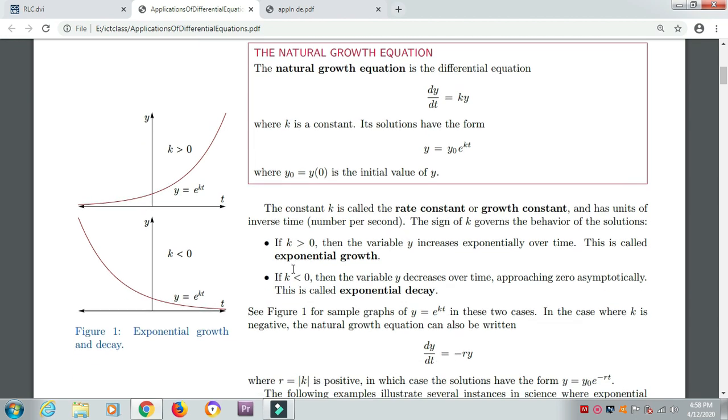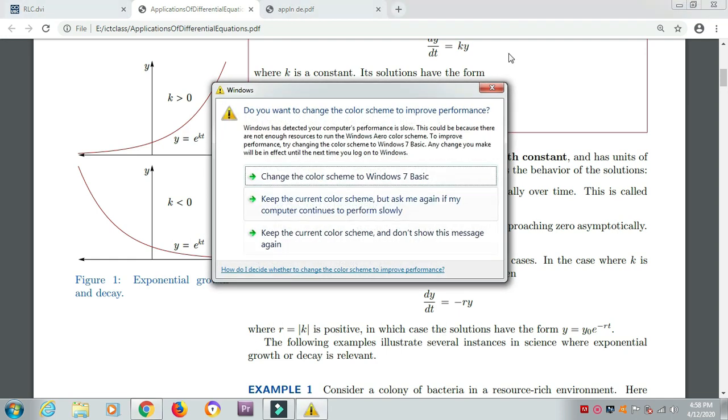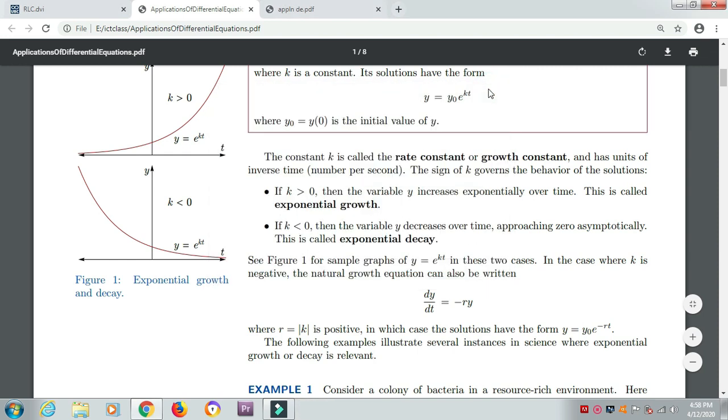So here we have two cases in terms of the sign of the constant k. First one is k greater than 0 and second one is k less than 0. And we can see the figure. In the first case, k greater than 0, we can see that the value of y equal to e power kt is increasing exponentially over time t.